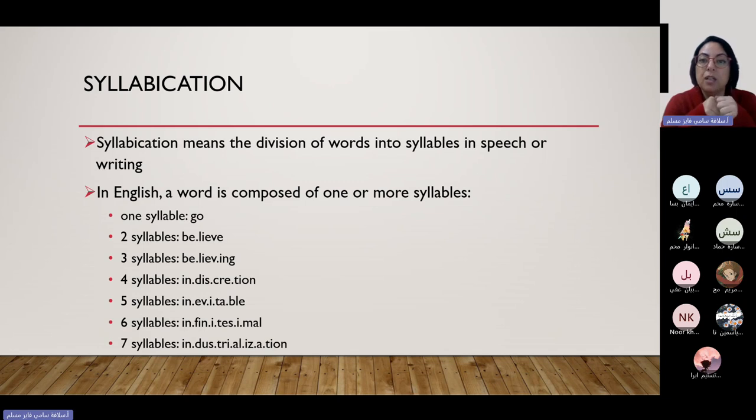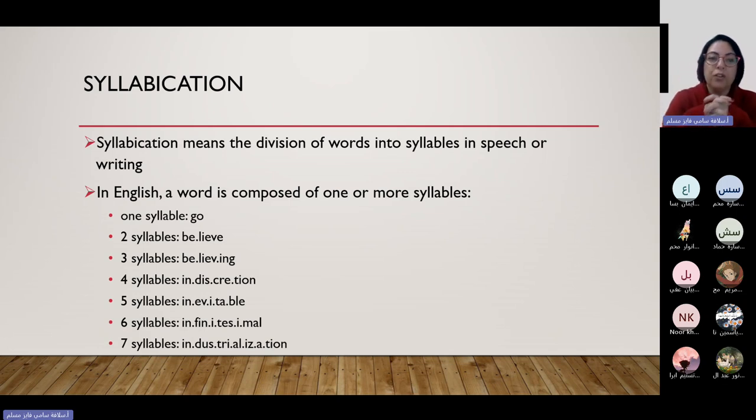Three syllables, believing. Okay. Four syllables, indiscretion. شايفين النفس اللي بيجي بين كل مقطع ومقطع وهلم جرى. In English, there are up to 7 syllables.